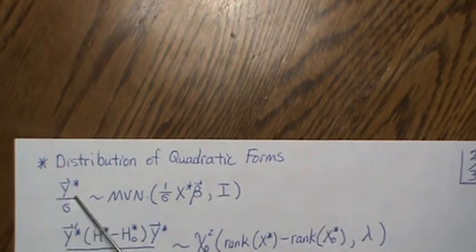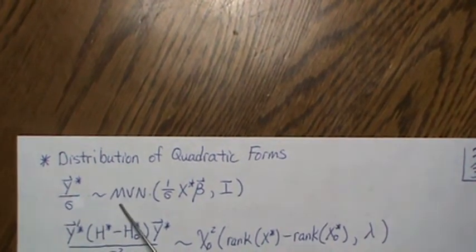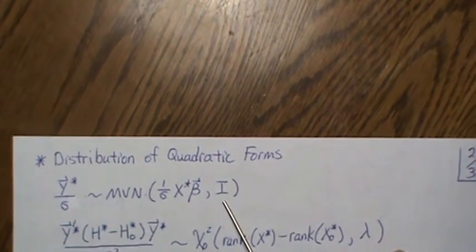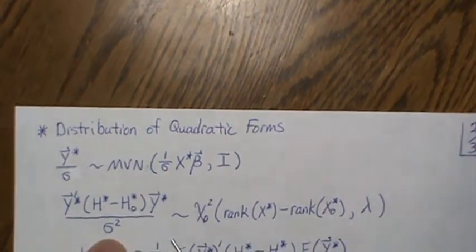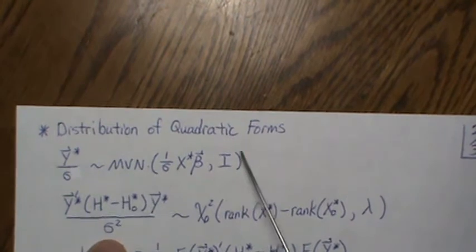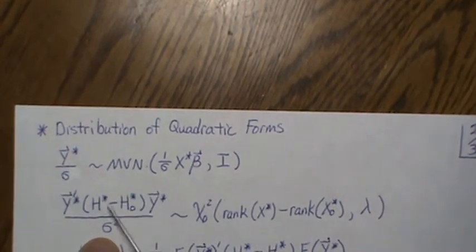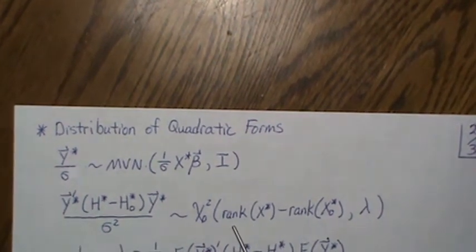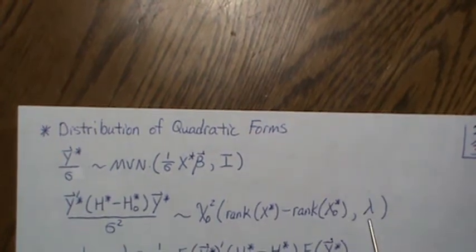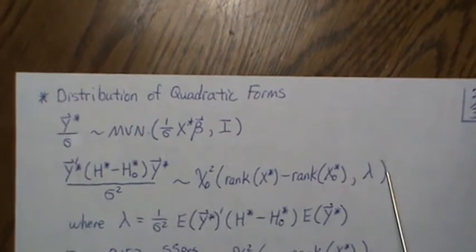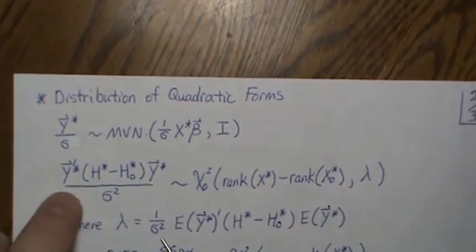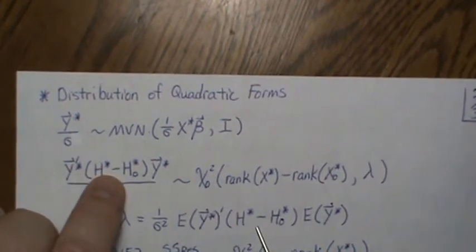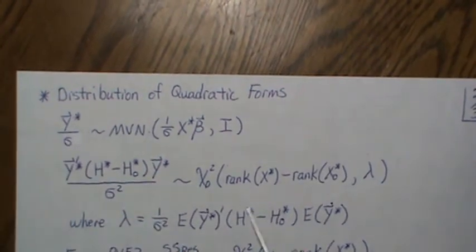So if we divide y star by sigma, then it's easy to show that it's multivariate normal with this mean and covariance matrix I. So then, using the formulas in that video, it's easy to show that this quadratic form divided by sigma squared is a chi-square distribution with degrees of freedom rank of X star minus rank of X naught star, and with non-centrality parameter lambda, which is 1 over sigma squared times the mean of this vector times the mean of that. That's the distribution of it.